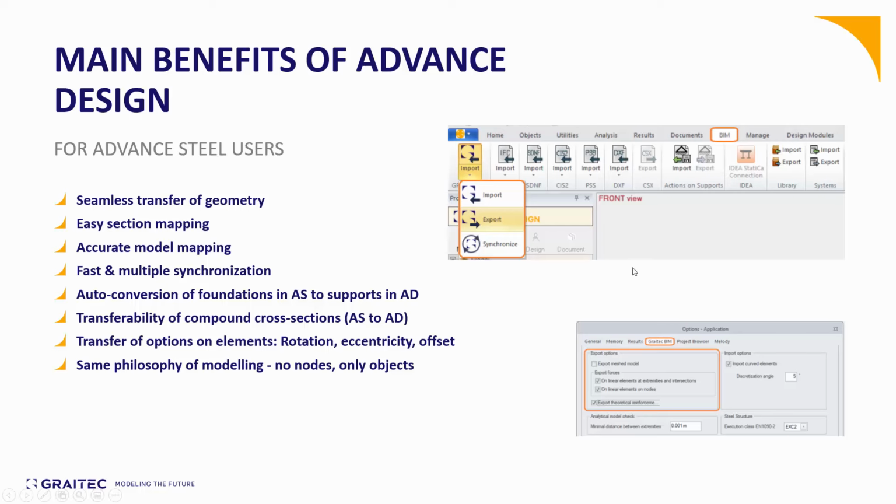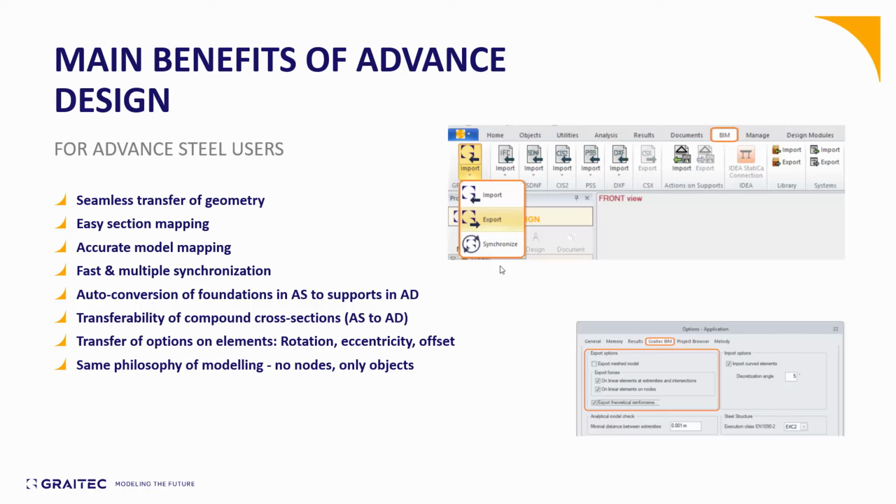In both Advanced Design and Advanced Steel, we have a Power Pack tool, which sends your files or even synchronizes them as a GTCX special GRAITEC format between both software. The section mapping is easy and done automatically. The mapping is very accurate. We have a full library of steel sections for North America, as well as materials.